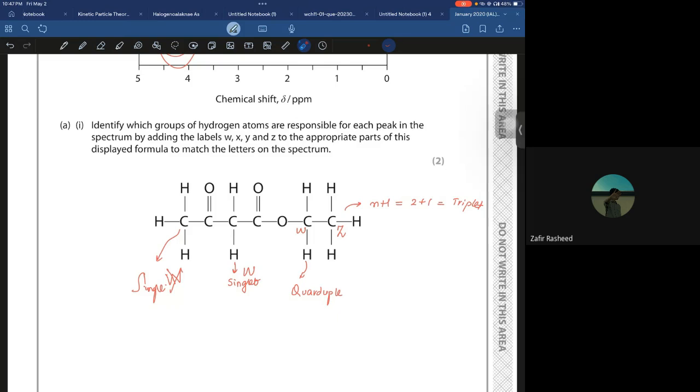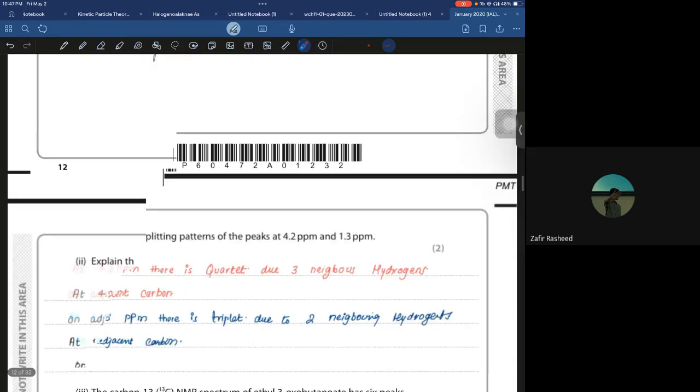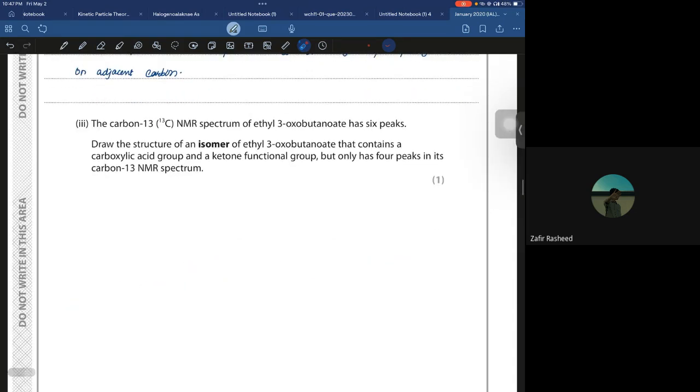So I have to draw the isomer of this one. How many carbon atoms do we have? 1, 2, 3, 4, 5, 6. So I have to make a structure in which I would be having only 4 peaks in its carbon 13 NMR spectrum, considering only the carbon atoms.